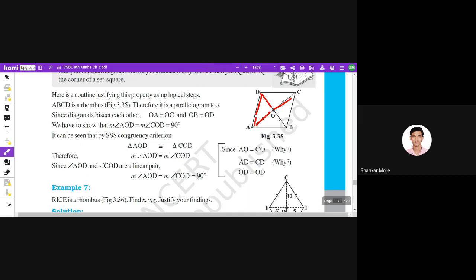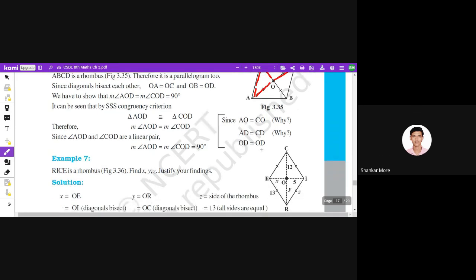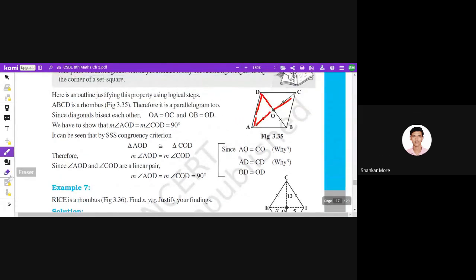So therefore angle AOD, now we are taking corresponding angles, the measure of angle AOD and angle COD, both are the same. So does this mean both will be 90 degrees? Not necessarily, but how are we going to prove this?